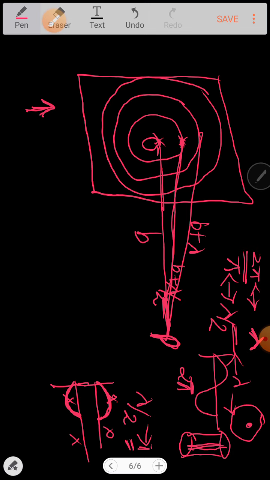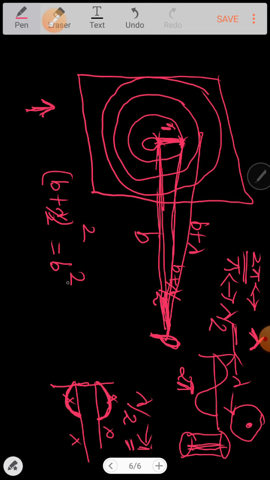Then we need to calculate the radius here, and this is a right triangle. Let R1 be the radius of the first zone. This is a right triangle with a base, an altitude, and a hypotenuse. We know hypotenuse square is equal to base square plus R1 square.